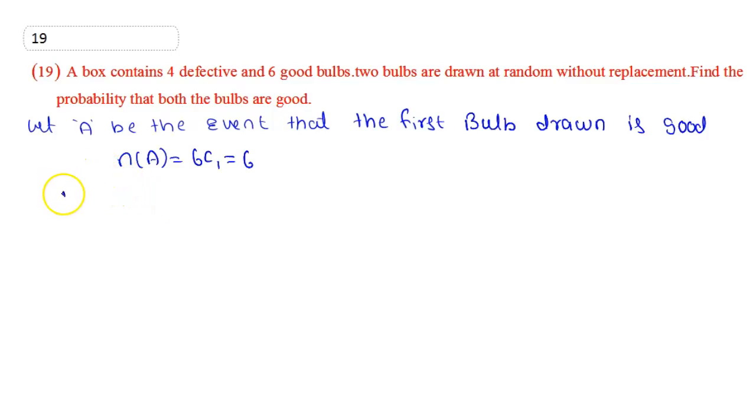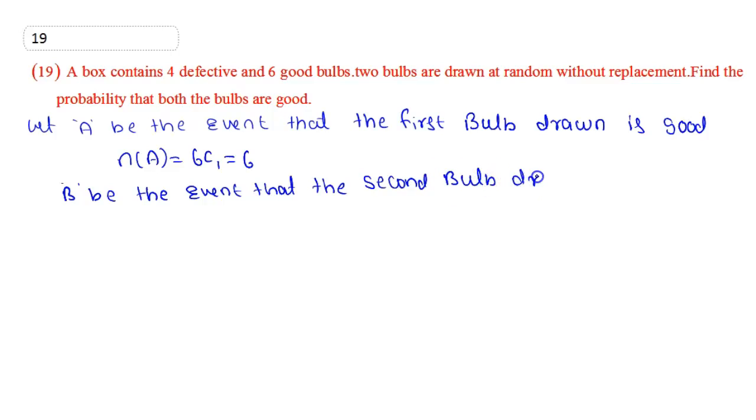Next, B be the event that the second bulb drawn is good. Both bulbs are good only, no? So here the second bulb is also good.